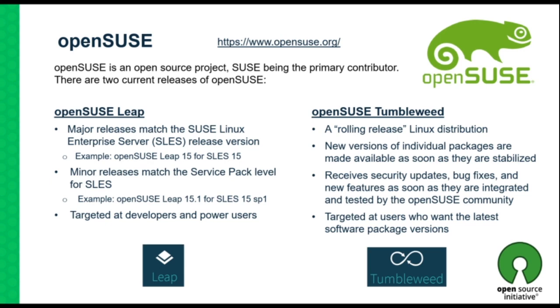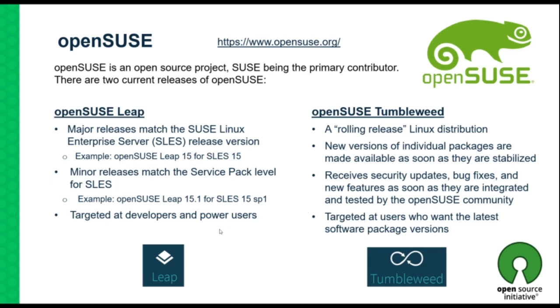This means new versions of individual packages are made available as soon as they are stabilized by the openSUSE community. We receive security updates, bug fixes, and new features as soon as they are integrated and tested by the openSUSE community. It's targeted at users who want the latest software package versions.